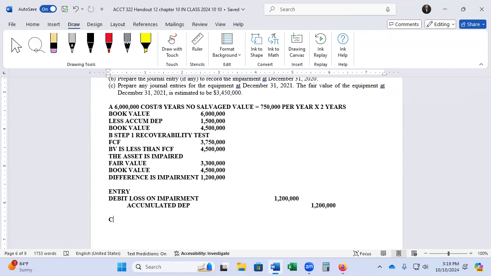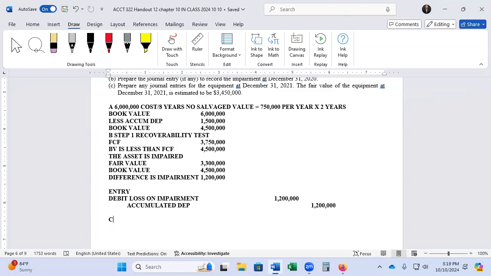Oh, did I do that backwards? Yeah, that's right. Book value is less than future cash flows, so it's impaired. Got it? Are you saying book value is less than?